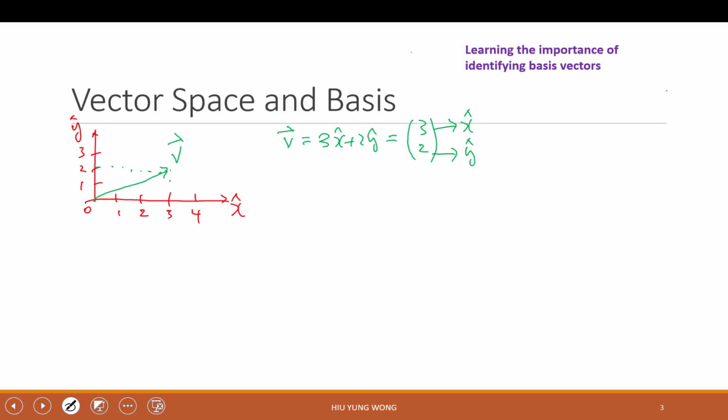Okay, so if this is the case, why do I need to follow the tradition? If I say that there's something called x cat, 3x cat plus 2y cat, K-E-T, right? We have not learned this yet, but I write it in this way. Would that be a problem, except that you have never seen that before?